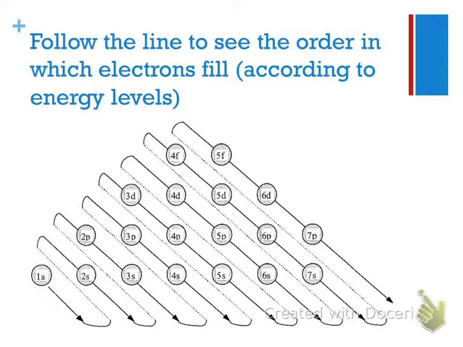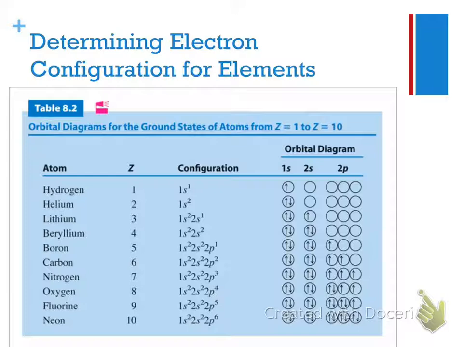That's not how it works. Okay, and that has to do with the size of the orbitals and the way in which electrons fill those energy levels. But this is the order that it goes in. Okay, so when you start to write electron configurations, you're going to go 1s, then 2s, 2p, 3s, 3p, 4s, and so on. Okay, you're going to work through that cheat sheet. Does that make sense? Okay.